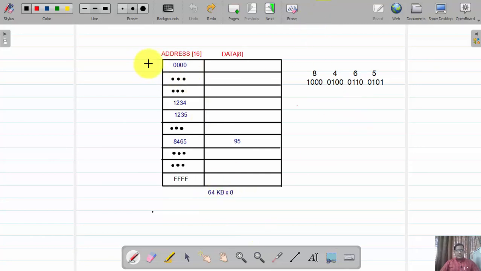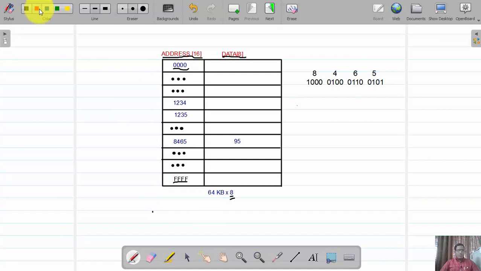At the basic level, consider this memory consists of these different slots. Each slot has the capacity to store 8-bit data, and each slot is represented with an address. The address of each slot is 16-bit, whereas each slot holds 8-bit data. As it is 64 KB, its starting address is 0000 and its end address is FFFFH.